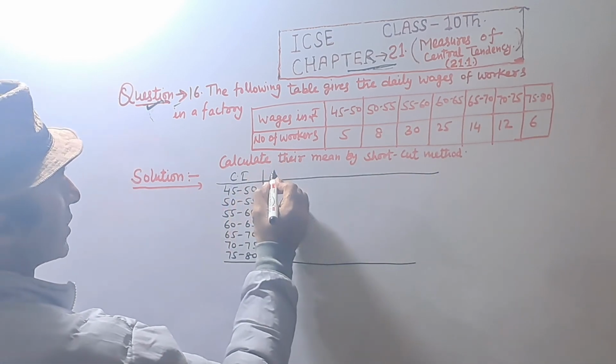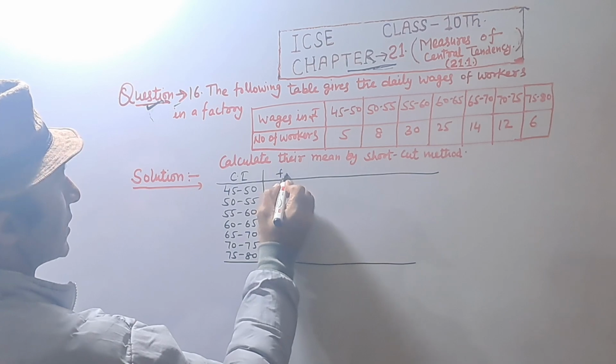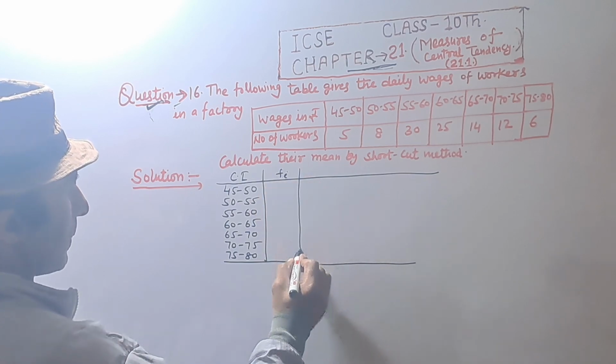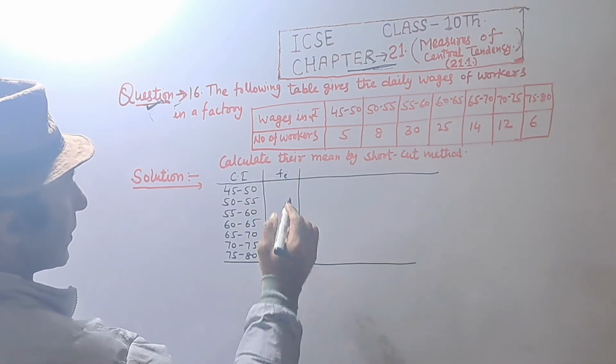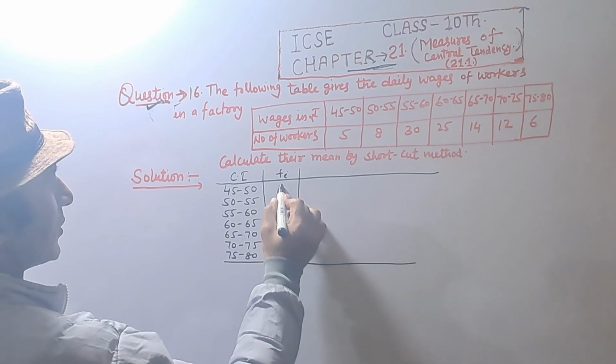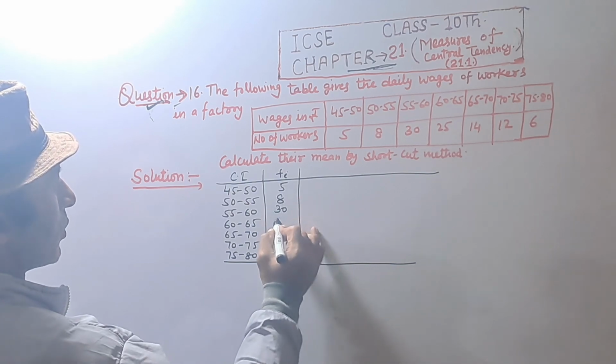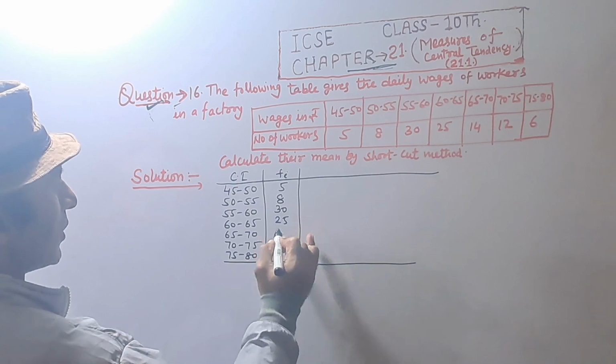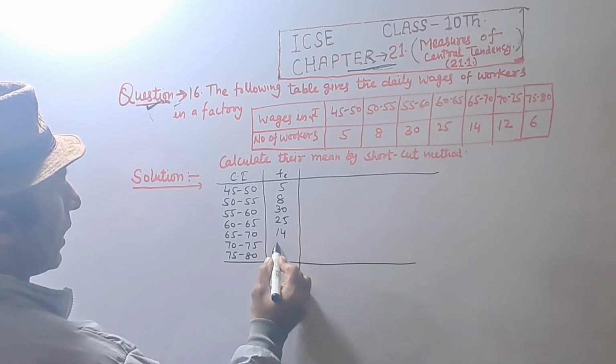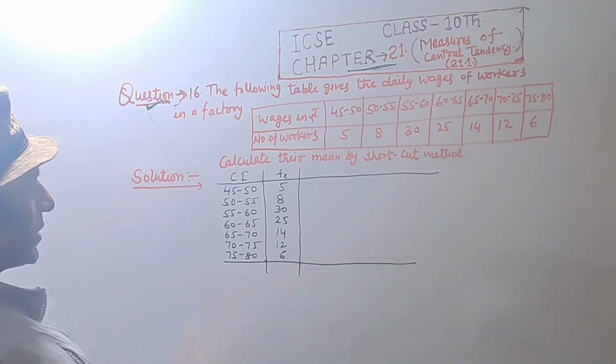And number of workers, that is frequency fi: 5, 8, 30, 25, 14, 12, and 6.